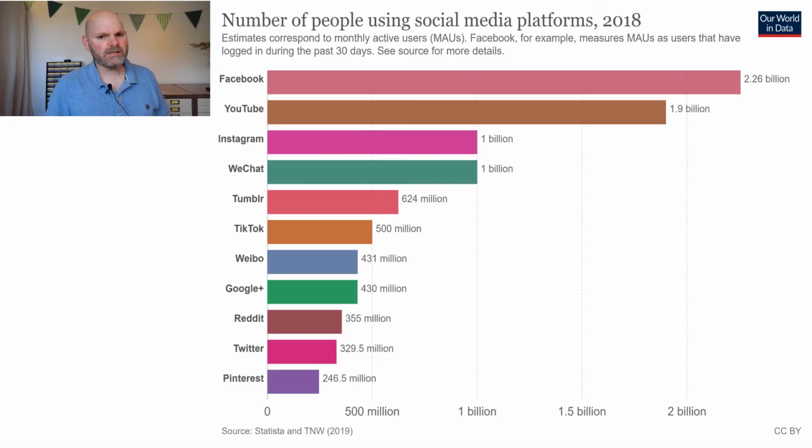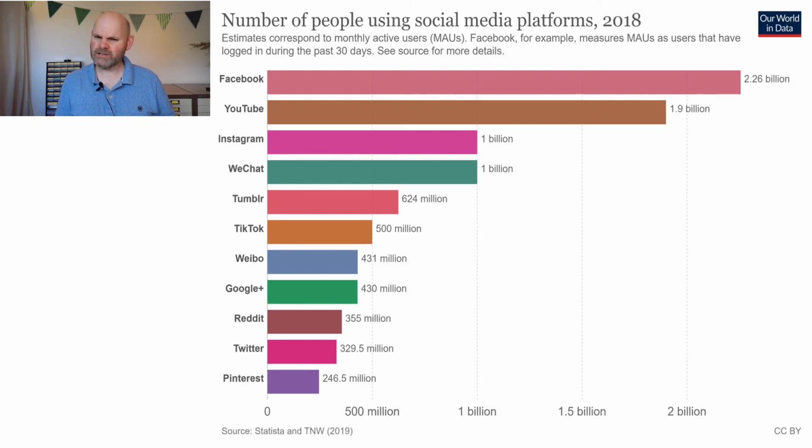So now let's look at this graph. So this shows how many people use different forms of social media, and you could interpret this in lots of ways. You could interpret it as showing that millions and millions, billions even, of people use some form of social media. You could also interpret it as showing that the most popular social media platforms are Facebook and YouTube.